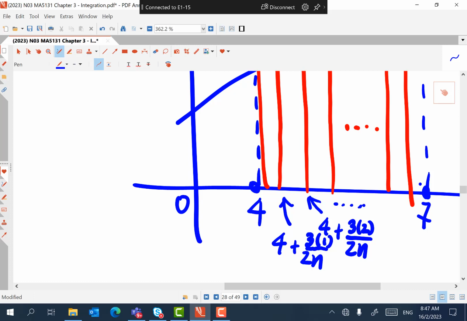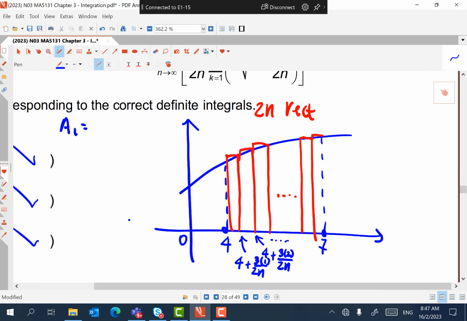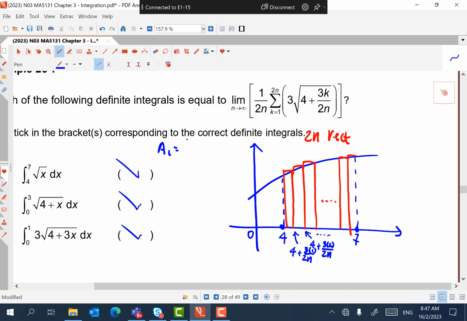So before I step out, what is A1, Chimaya? What's the area of the first rectangle? 1 over 2n times what? What's the area of the second rectangle, Chimaya? And this goes on, and the last rectangle is A2n.